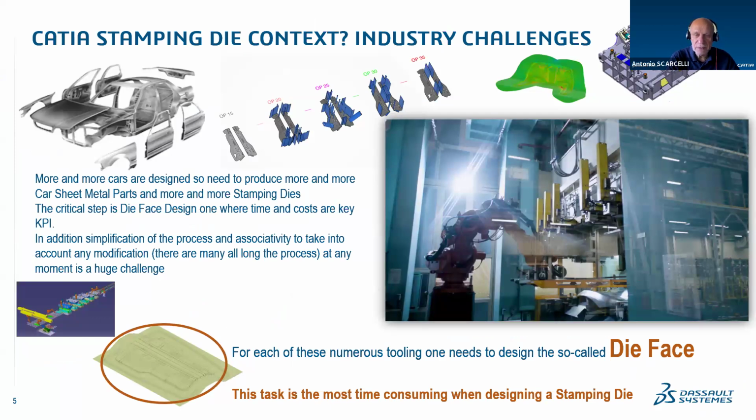More and more cars are produced. So we need more and more sheet metal parts, for the body in white, for the external shape of the car, to be produced. And one of these steps is the die face design.